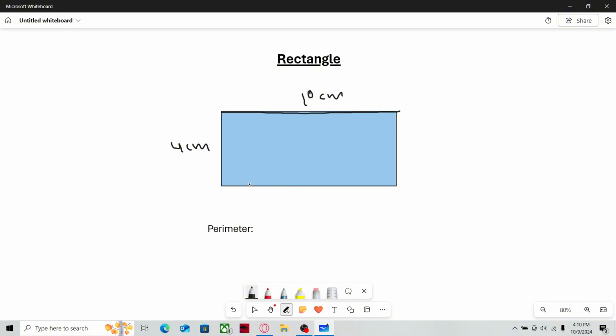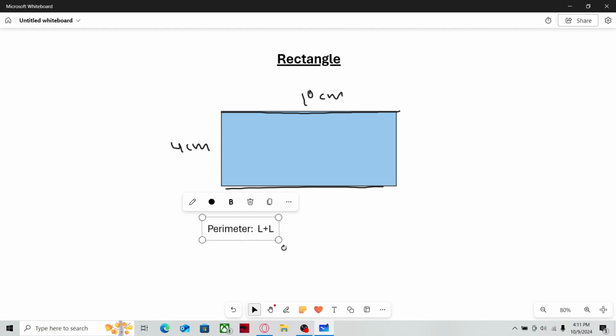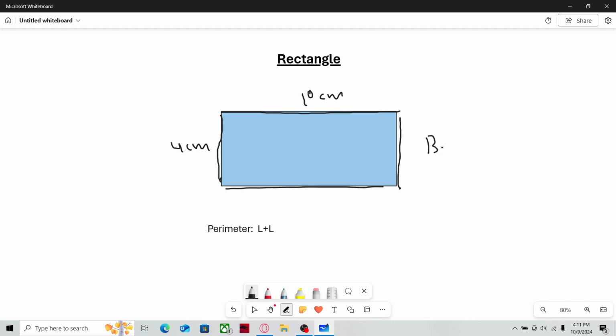So you have to add this and this, two lengths, so you can say L plus L. And then what else do we have? We have breadths. So how do you apply the formula? It's simply L plus L plus breadth plus breadth. This is the normal formula when you're finding a perimeter.